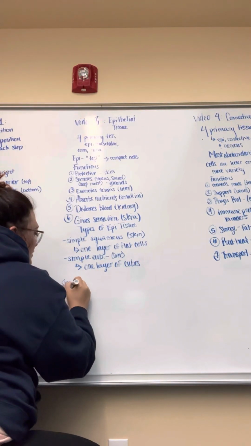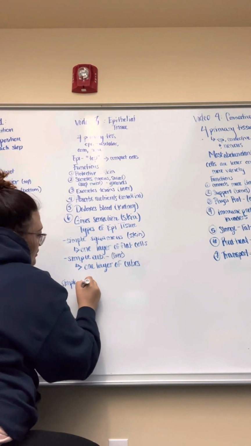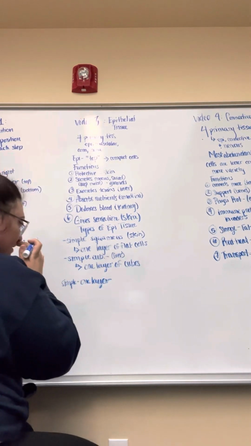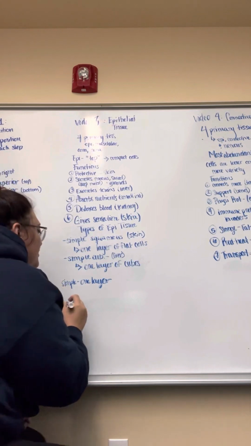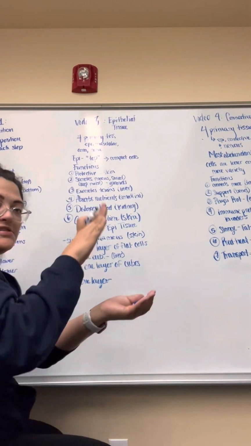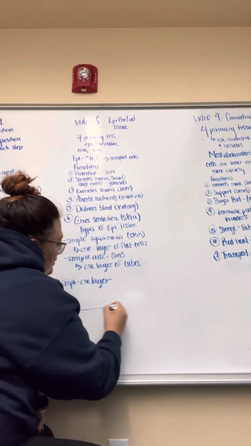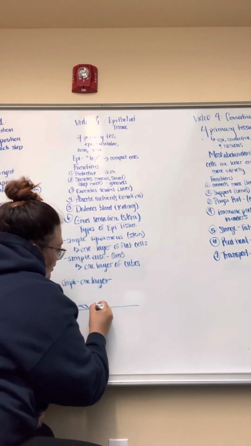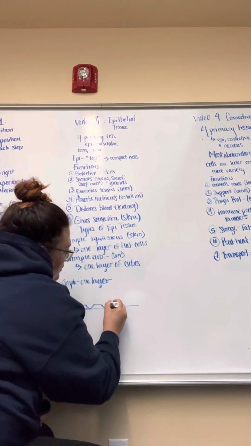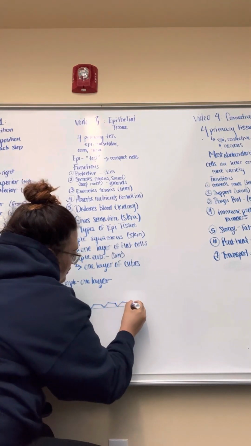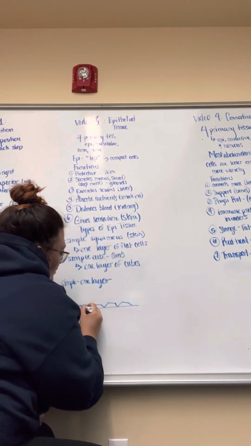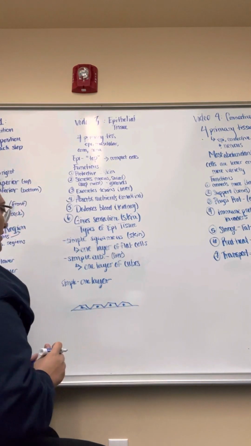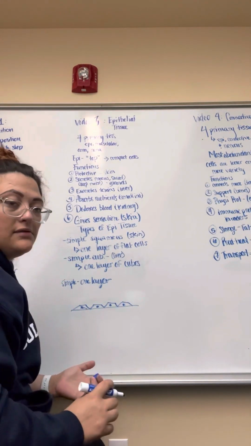Simple means that it's just one layer, and squamous means flat. So typically this is what it'll look like, as if we're looking at it from the side. And that is actually found in the skin, like I said.